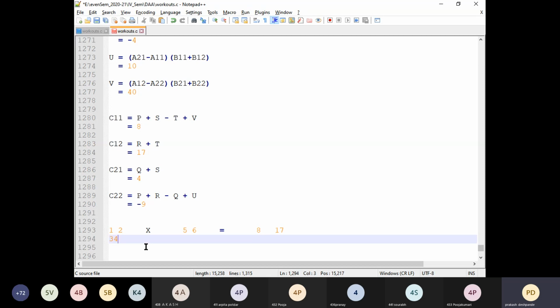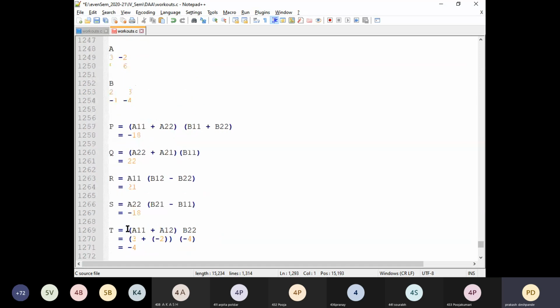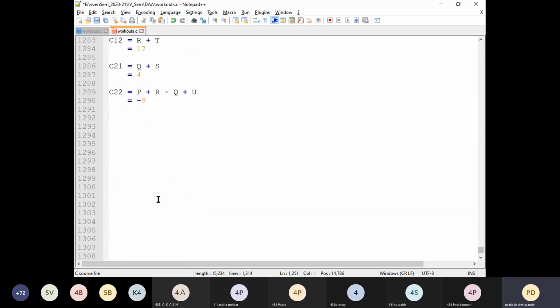Here it is, I think, 3, 4, and here it is going to be 7 and 8. Sorry, I put the wrong values here. So the values of A, B are going to be these. Just write down, students. 3 minus 2, 5, 6 multiplied by 2, 3 minus 1 minus 4. And then the final answer.